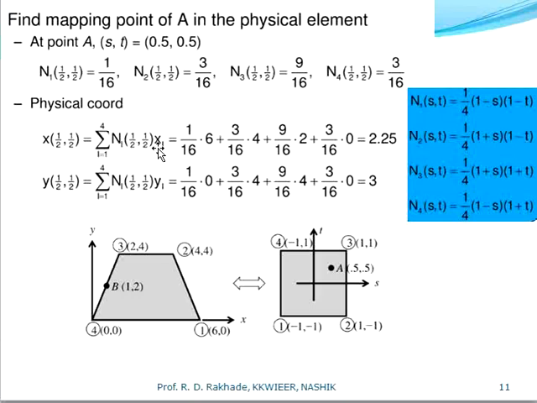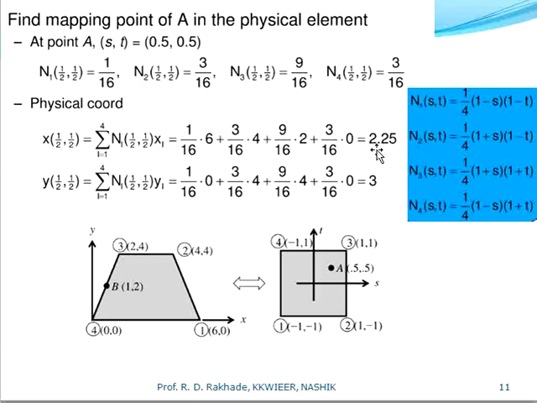N1 into x1, where we know N1 is 1/16, and x1 we can take from this, 6, because if you consider this is node 1, so this is x1, then x2, x3, x4. So we use respective N1, N2, N3, N4 and x1, x2, x3, x4.